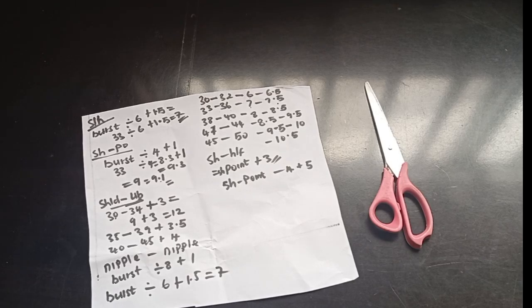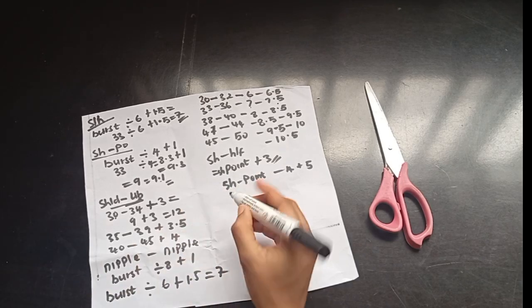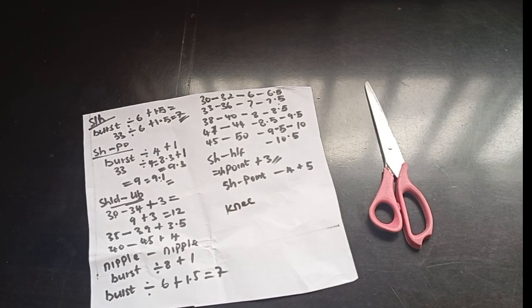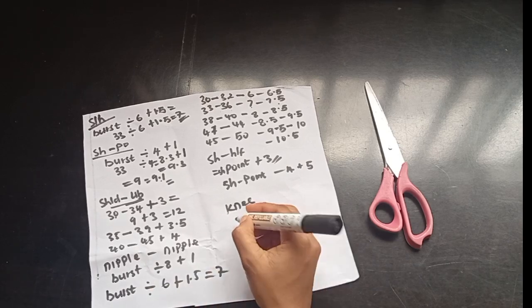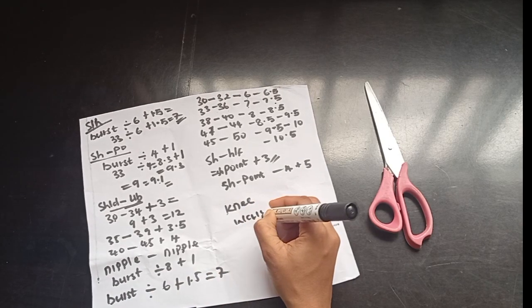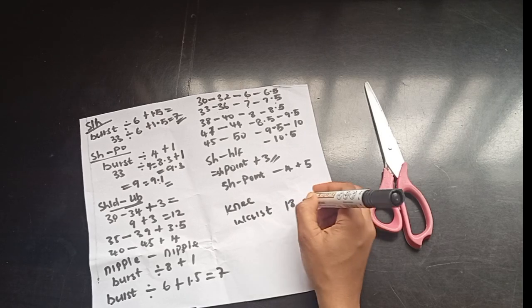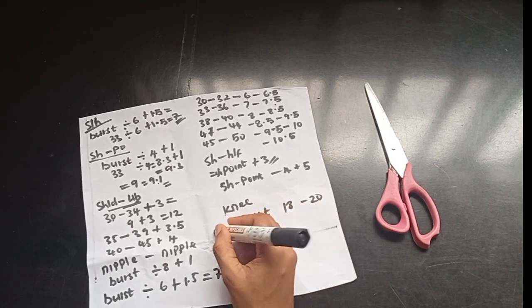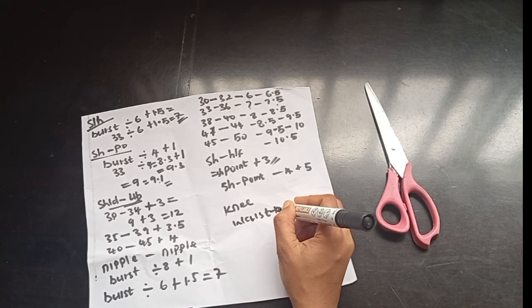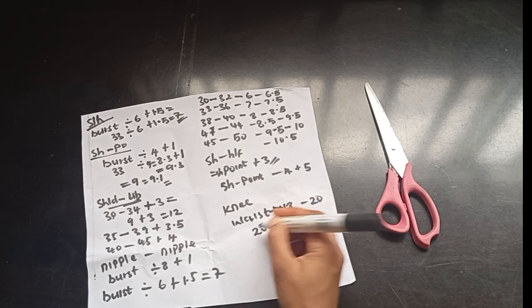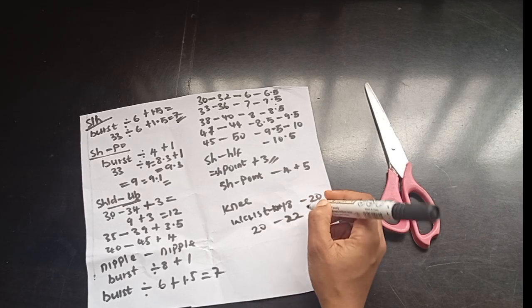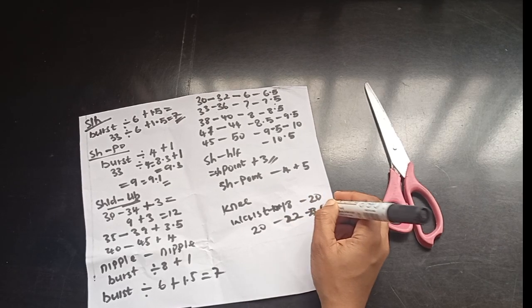Now another measurement we are going to talk about is the knee. For this knee, it varies. Let's say for a shorter person, from the waist to knee point, you can get around 18 to 20 inches. For someone that is much taller, you can get 20 inches to 22, 23 and 24.